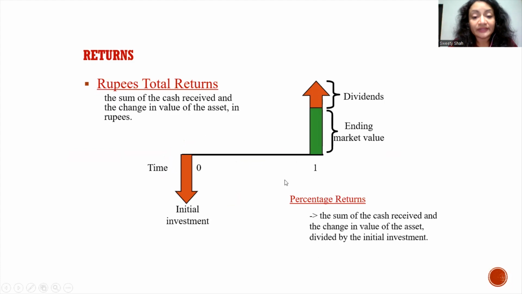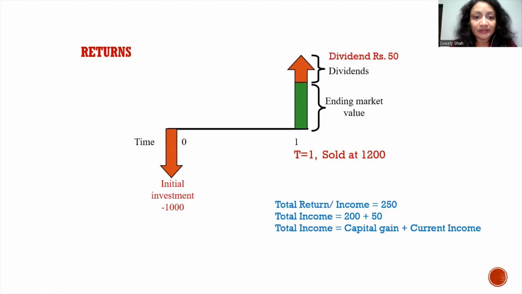At the end of 1 year, the value that you are deriving from the market and the value in the form of dividend or the current return that you are fetching from that particular security, these two components would give you the rupees total return. And if you want to calculate it in terms of percentage, you just need to divide that by your initial investment.